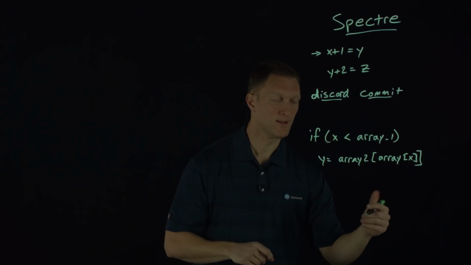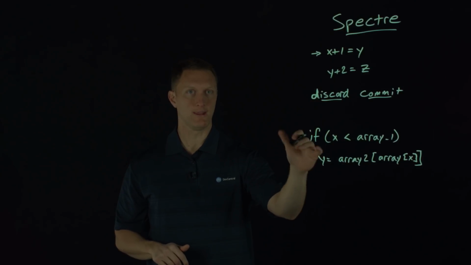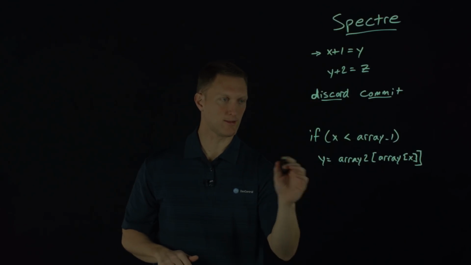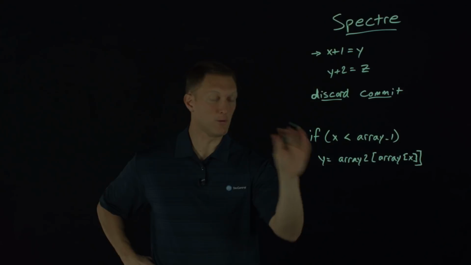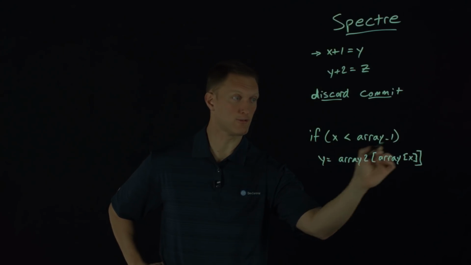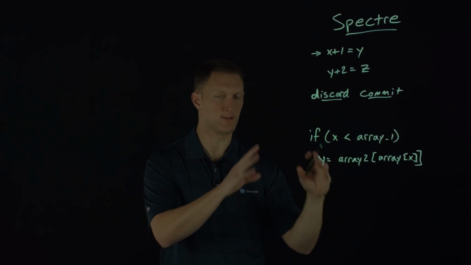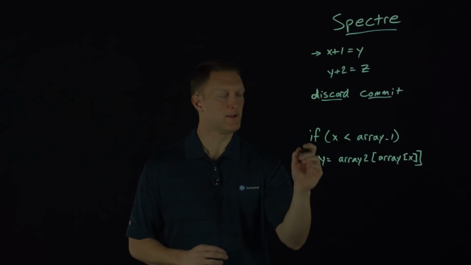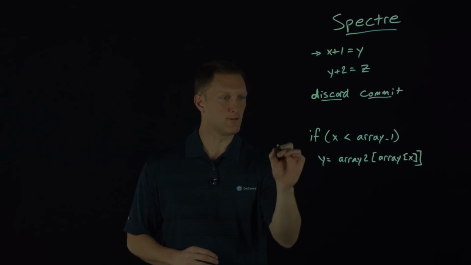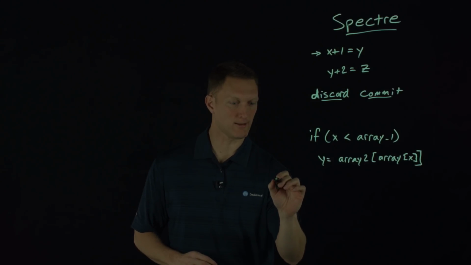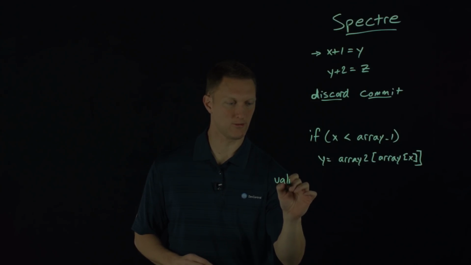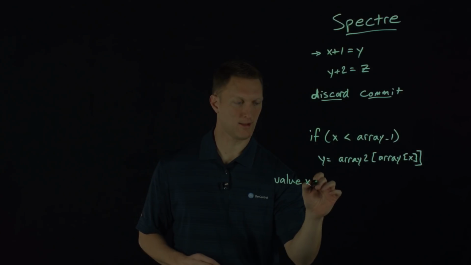So what can happen is you've got an attacker who, first of all, understands that this set of instructions creates speculative execution, and they've figured that out beforehand. The attacker is going to send in a bunch of values for x. So I'll say value x, and I'm going to put a check mark.